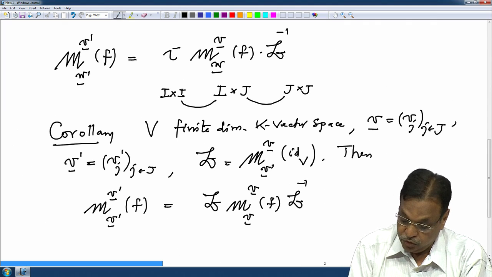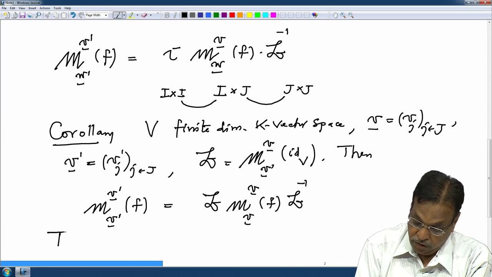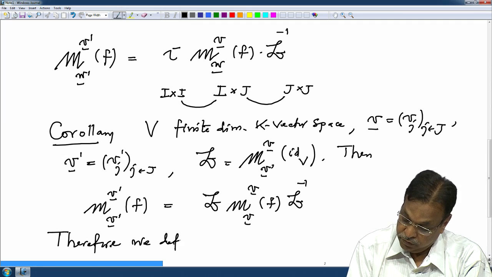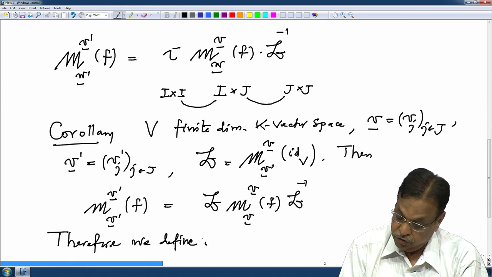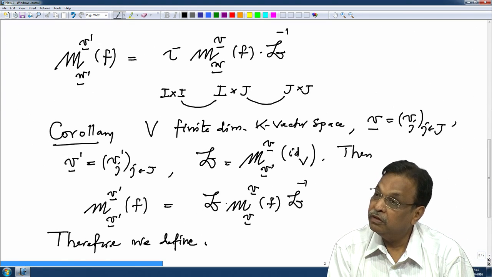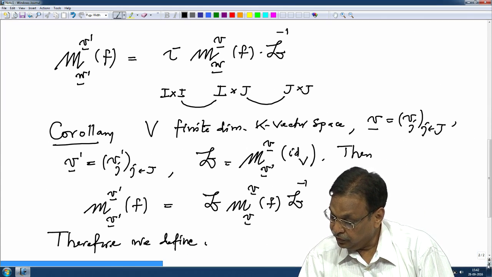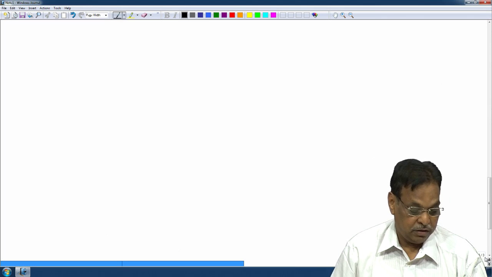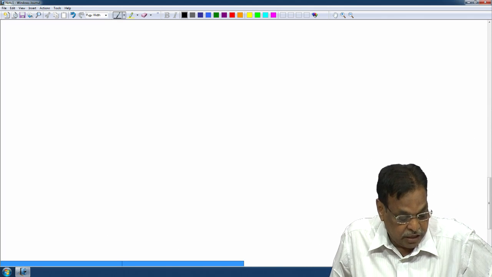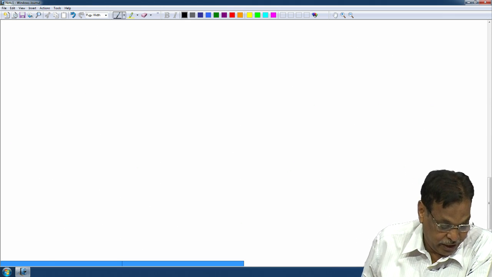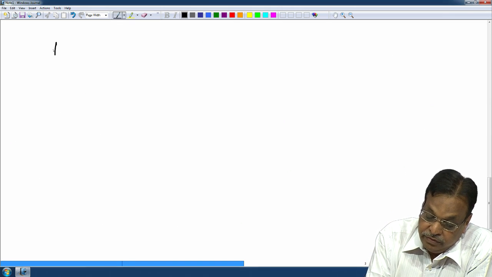So this allows us to give the following definition. Therefore we define when these matrices are similar. Last time, in the last few minutes, I had goofed up a little bit, so I wanted to correct it.